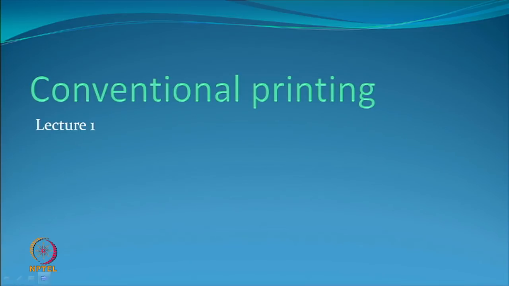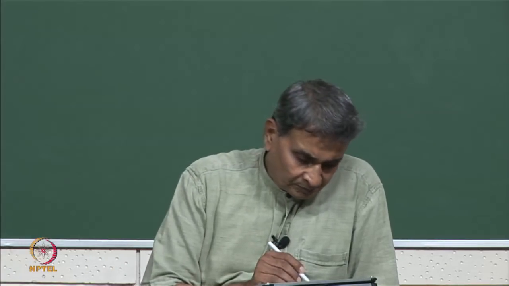Obviously, as we said, some of you have done textile chemistry at the undergraduate level, some of you have not, and therefore, those who have not done it will have to work harder in a different way to catch up with the rest of the class. But we will spend some time revising what you have done in the undergraduate, and also some of the topics which you may not have done, and we will discuss them as well.